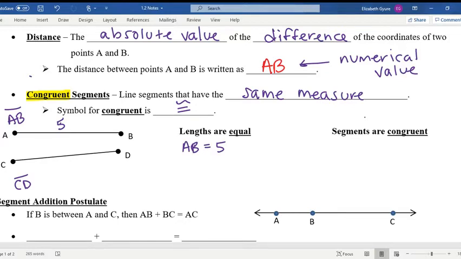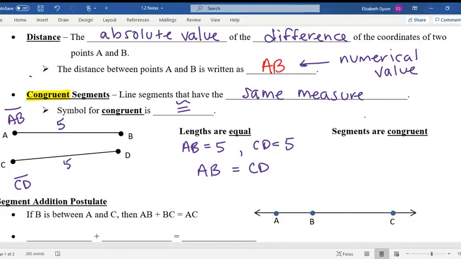Well, let's say the measure of CD was also 5, whatever it is, inches, feet, yards. Then I could say the measure of CD is also 5. These 2 things have the same measure, right? The measure of AB equals the measure of CD because 5 equals 5.